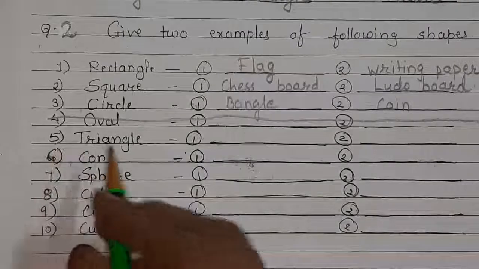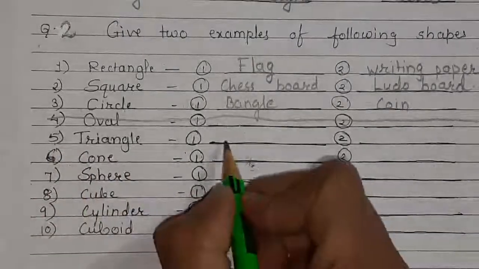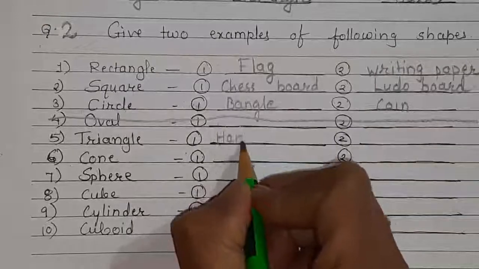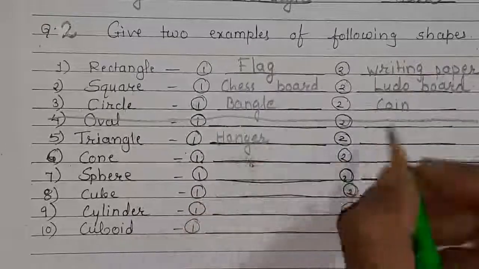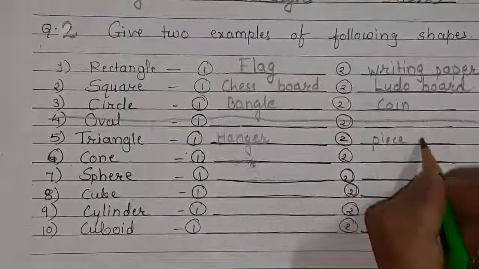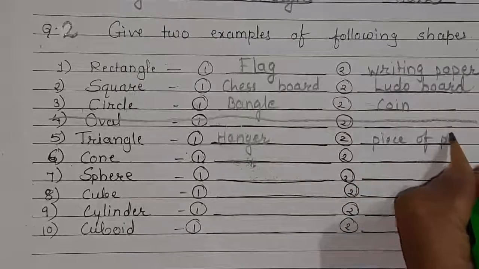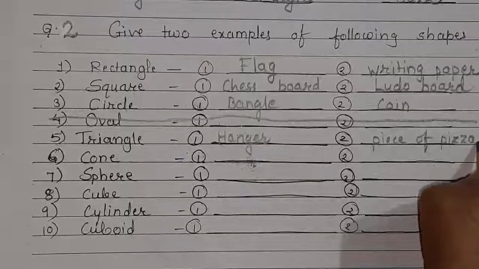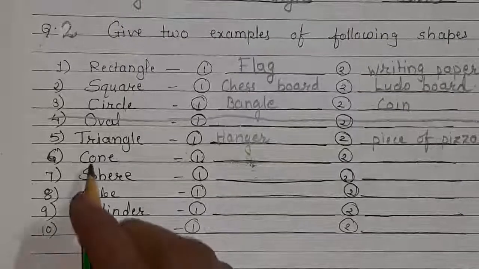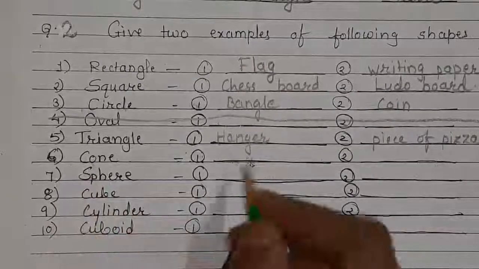Next one is triangle. For triangle, we can write hanger and a piece of pizza or quarter part of chapati also you can write. Next one is cone.